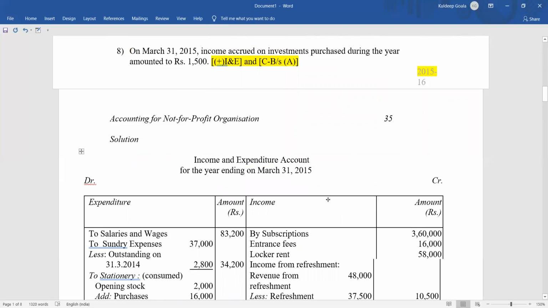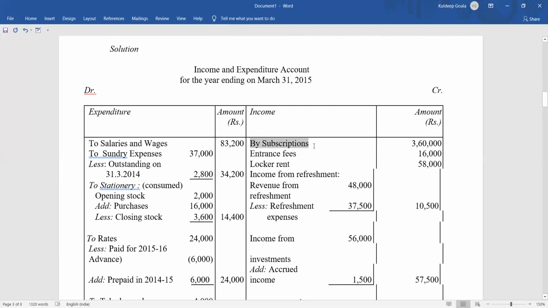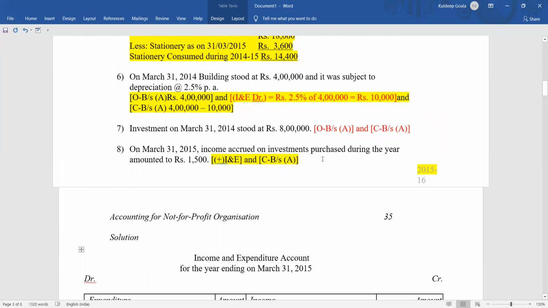What will come in the income side? By subscription, 3,60,000. Okay, if you want, then you can show the whole calculation, no problem. Or you can just mention here working note number 1. This will be an indication that it is being done in the working note.